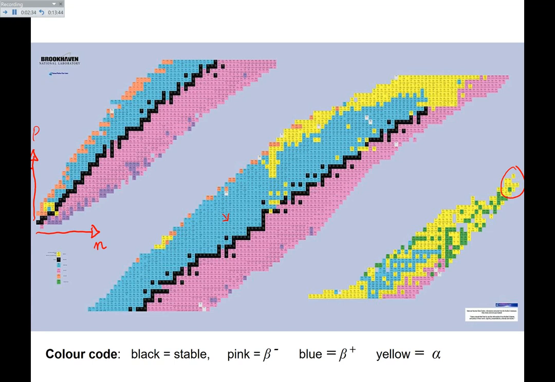A beta minus particle is an electron. Yellow squares are alpha emitters, and so what will happen there is that they'll lose 2 protons and lose 2 neutrons. So shifting downwards, 2 down, 2 to the left.